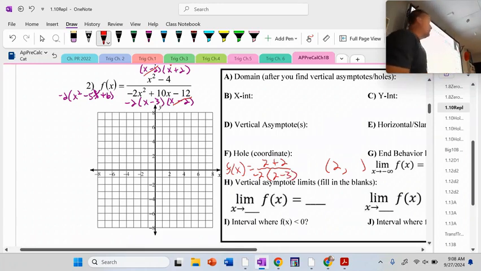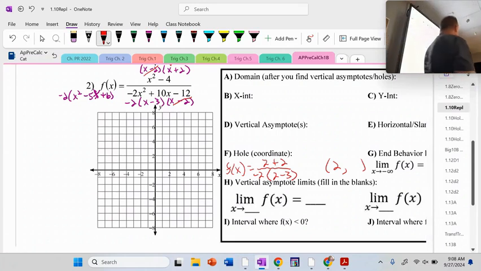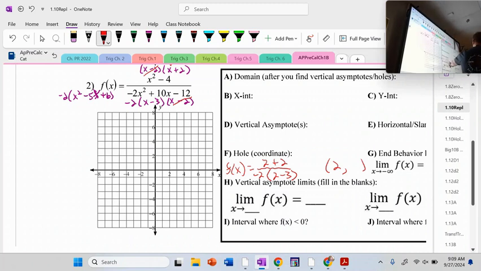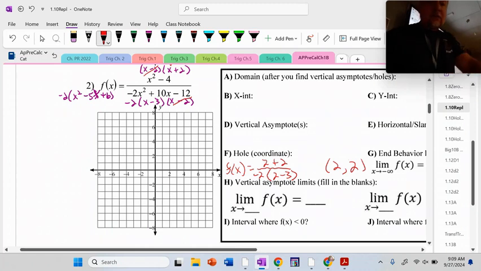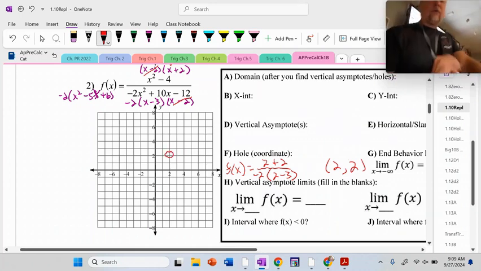And then input, I have to get the output. If you're telling me you can't get these outputs, I'm going to cry. 2 minus 3 is -1. -1 times -2 is 2. 2 plus 2 is 4. 4 divided by 2 is what? 2 comma 2. Draw that hole right now.